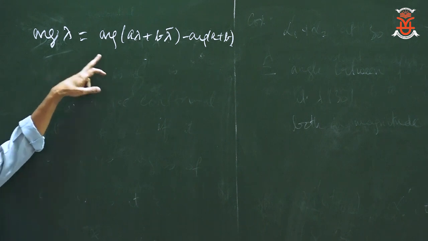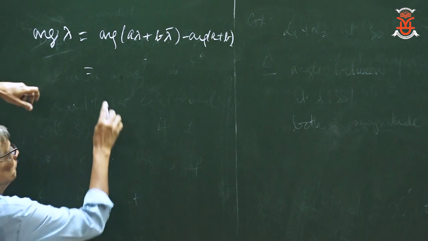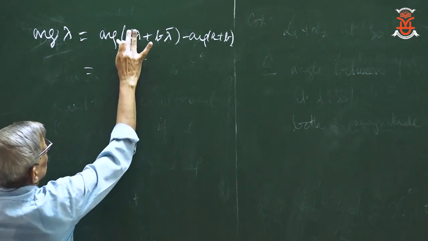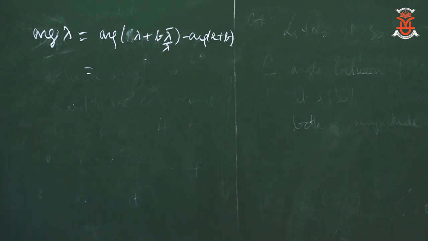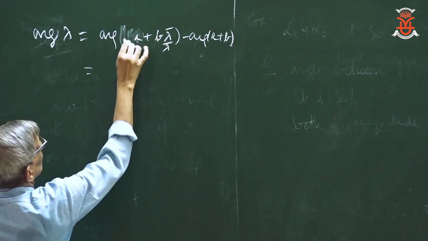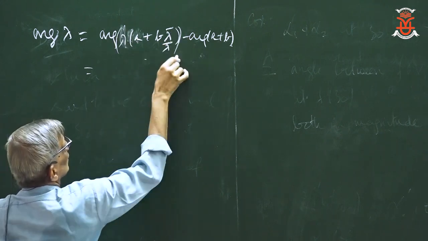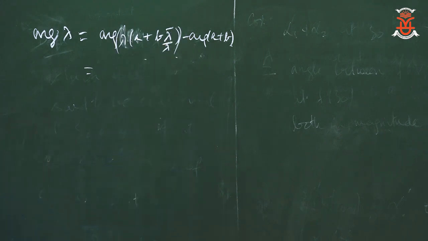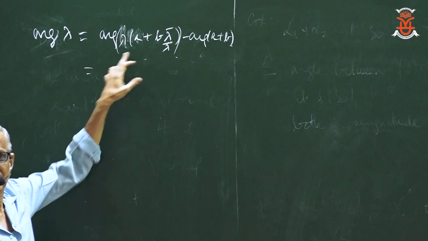Now you pull out a lambda from here. So this I can write as, take out a lambda. So again, the argument of a product here.